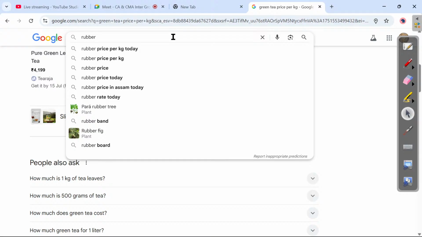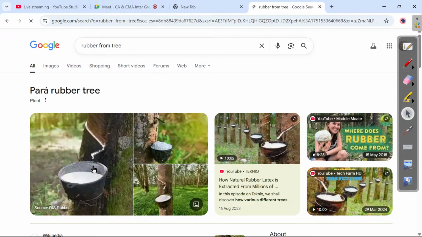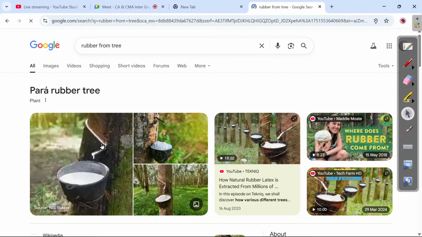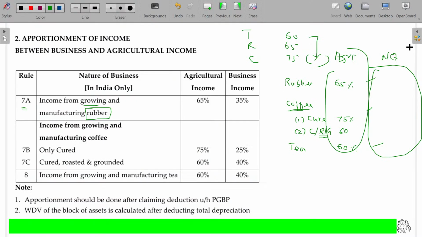Rubber from tree. So this is how a small cut is made on the tree trunk and the milk-like substance is collected. Rubber latex. This will be processed further for whatever purpose, like tires and all.